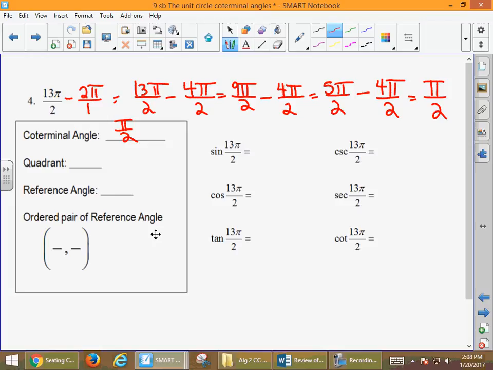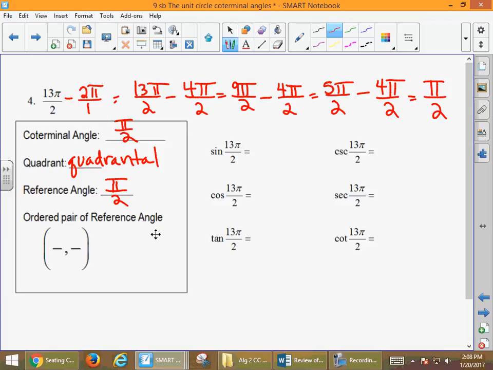And this is a quadrantal, which means that it doesn't have a quadrant. But what I said this morning is that the reference angle was pi over 2. Now, I think technically what we talked about when we started this unit is that the quadrantals don't really have a reference angle.